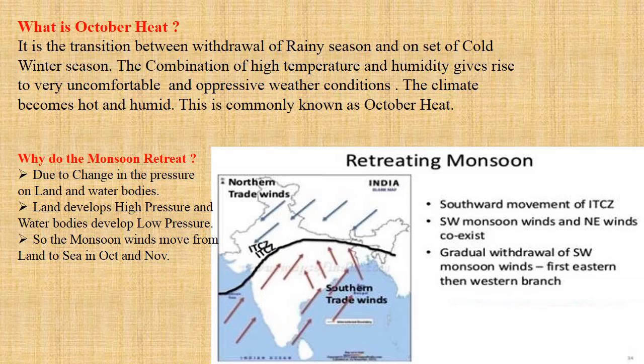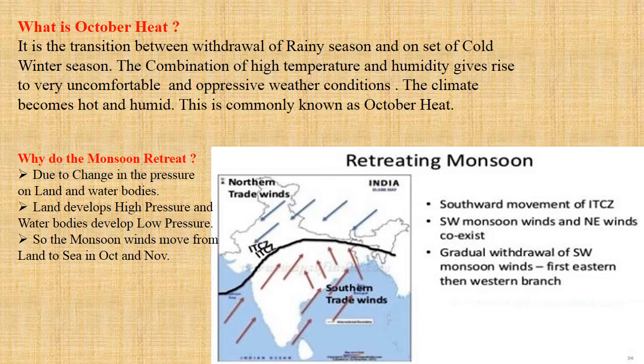Now, let us see why the monsoon retreats. First of all, let's look at the map. The ITCZ, which is over the northern plains, will start shifting down and will leave India. The reason behind that is that when the rainy season gets over and we start with the cold winter season, it means the northern hemisphere has moved away from the sun. The angle of sun rays has decreased on the landmass of our country.